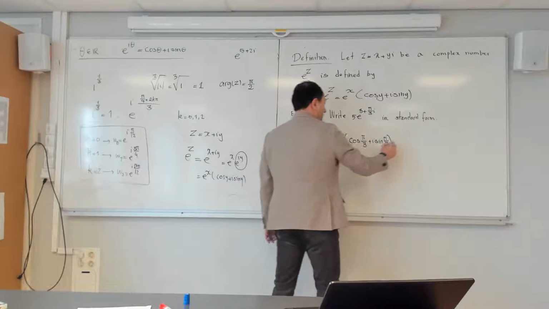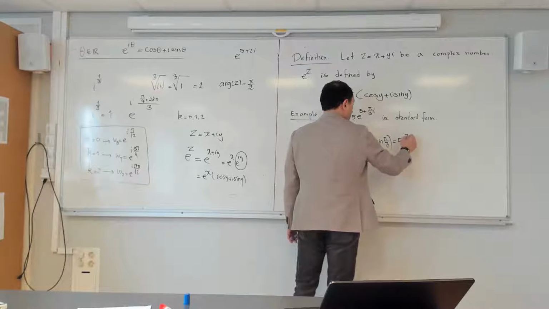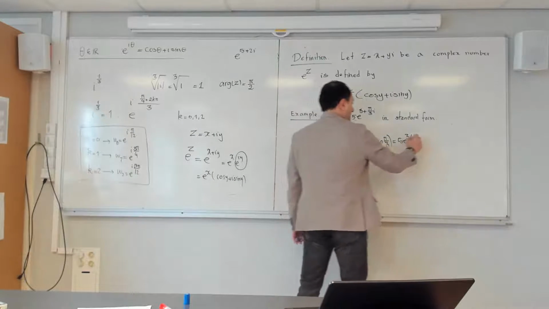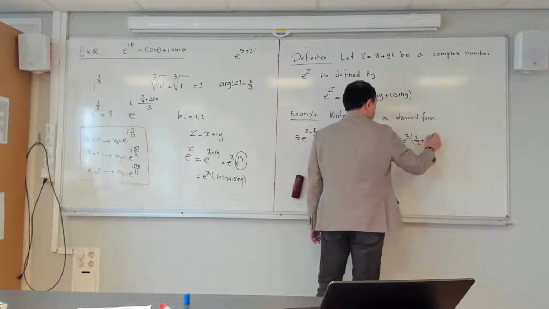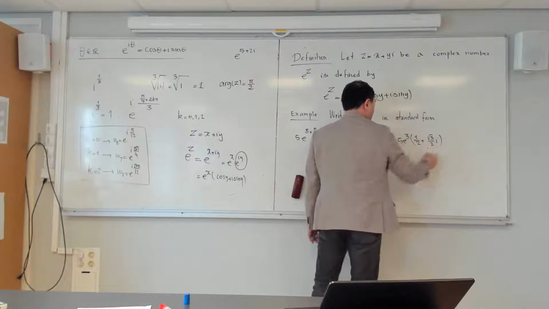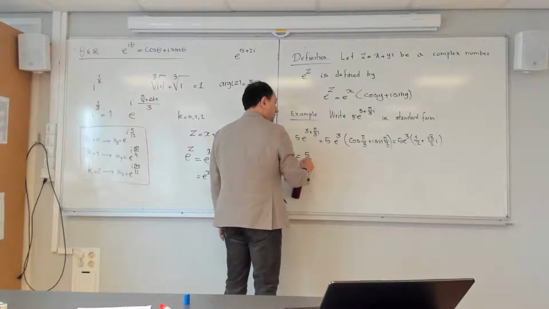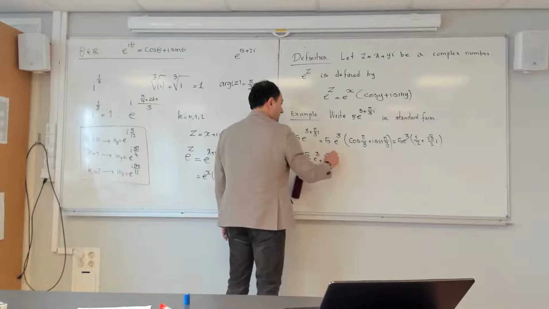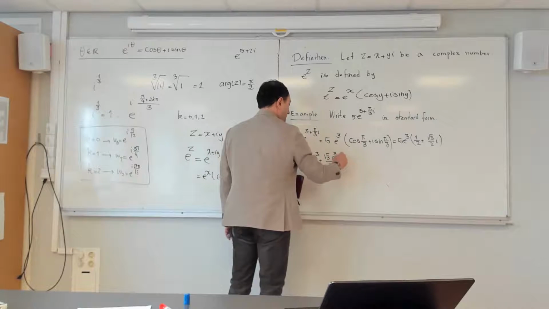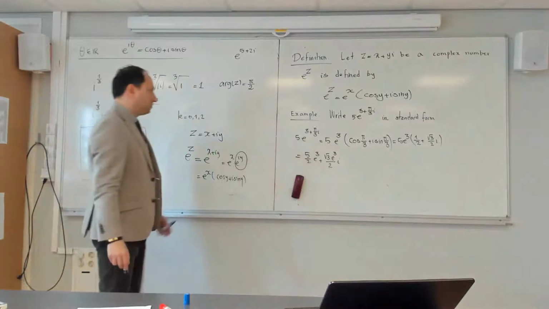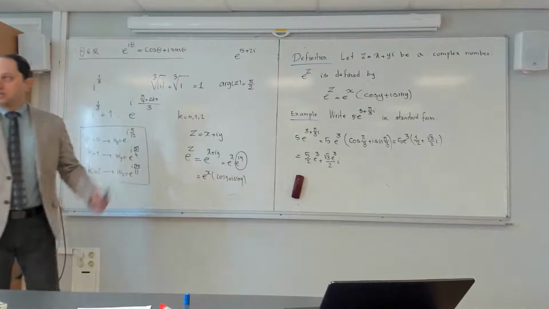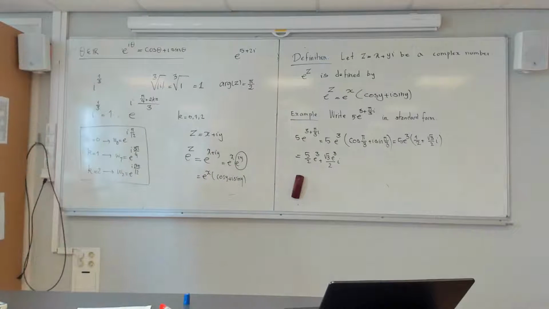This is just 5e to power 3, and cosine of pi over 3 is 1/2, and sine is the square root of 3 over 2 times i. So you multiply it, and it becomes 5 over 2 e to power 3 plus 5 square root of 3 e to power 3 divided by 2 times i. So this is the standard form of that complex number.